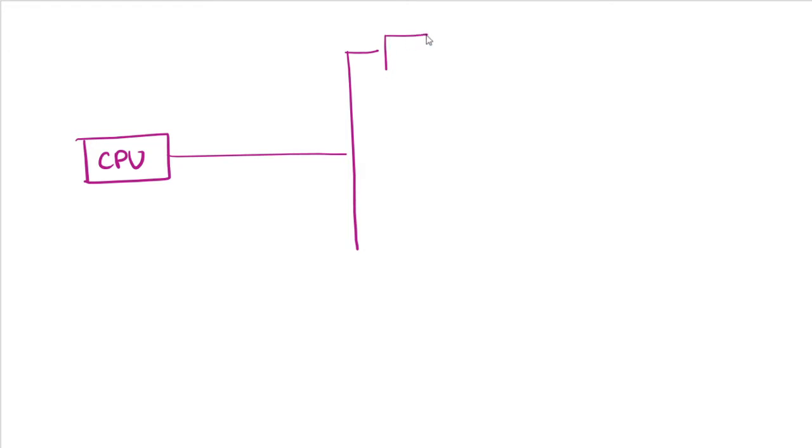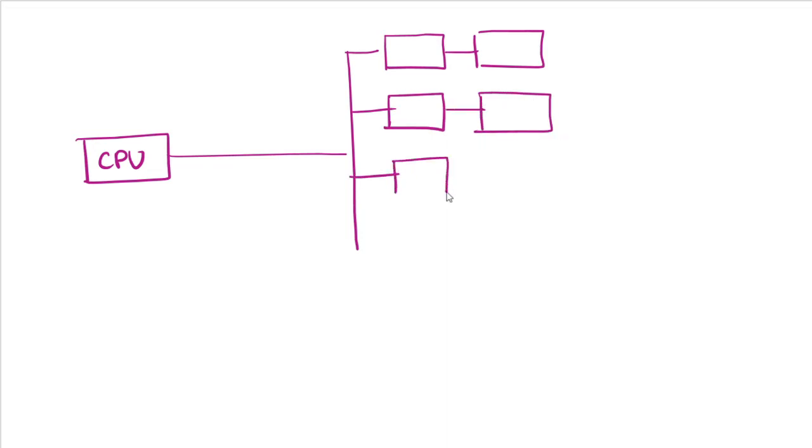So we have a monitor that is connected to CPU. We have a keyboard that is connected to CPU. We have a mouse that is connected to CPU, right? And so on. We have many IO devices that are connected to CPU.